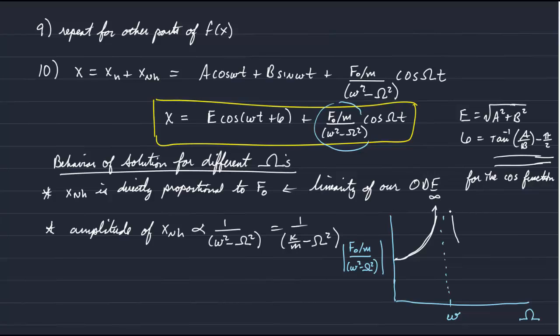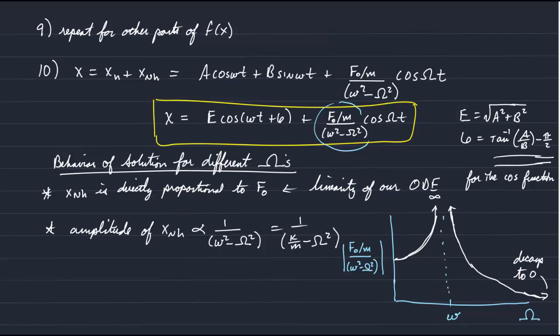And it shoots up on both sides, where capital omega is less than little omega and capital omega is greater than little omega. And on this side, it decays to 0. So the amplitude of the response also depends on the differences in these frequencies, and it blows up as the driving frequency approaches the natural frequency of the system.